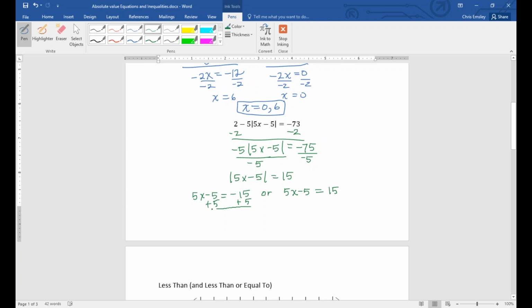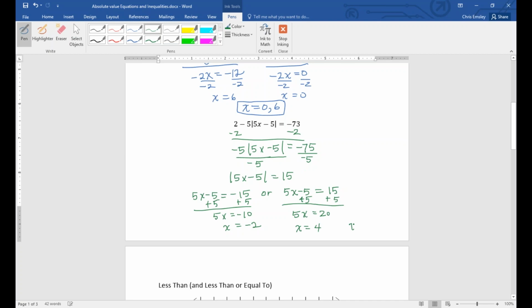Add 5 to both sides, and divide by 5. One of our solutions is -2. Same procedure over here on the right. Divide by 5, and our other solution is 4.